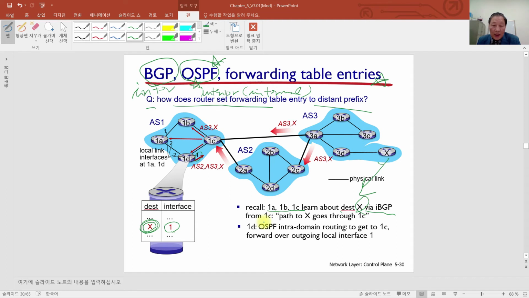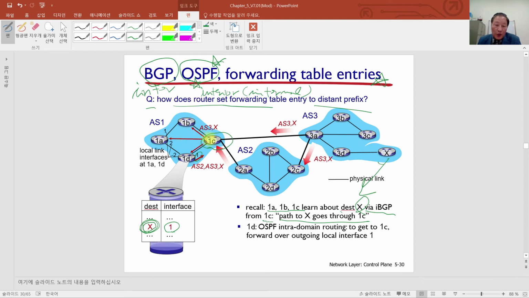This one is continuing that explanation with more information. The path to X goes through 1C. This one is advertised and propagated.